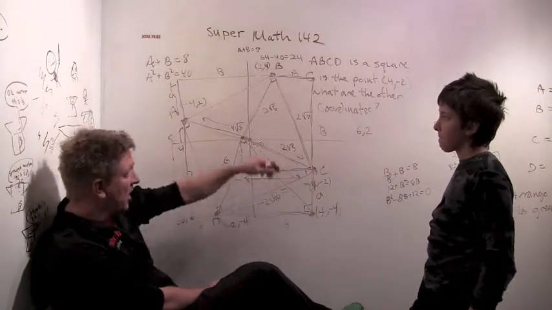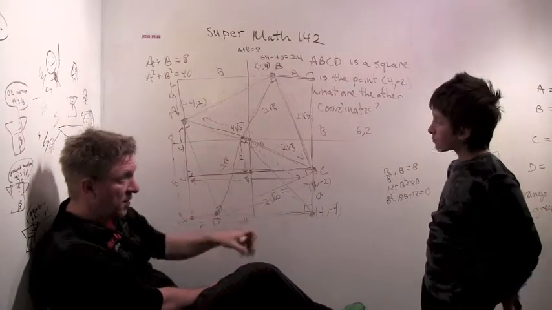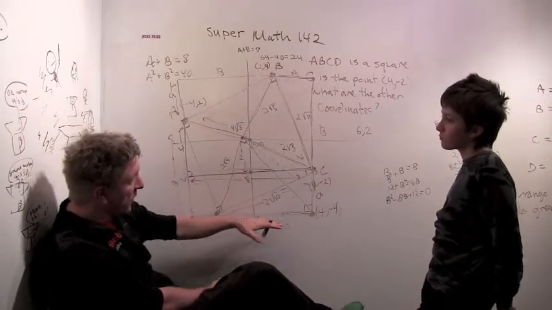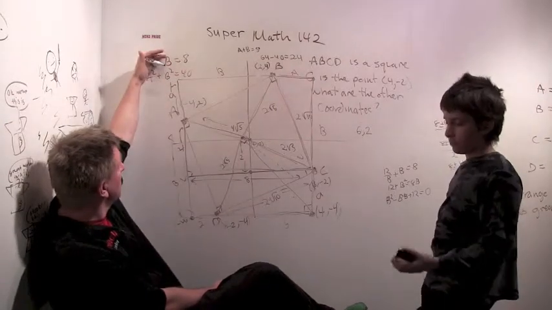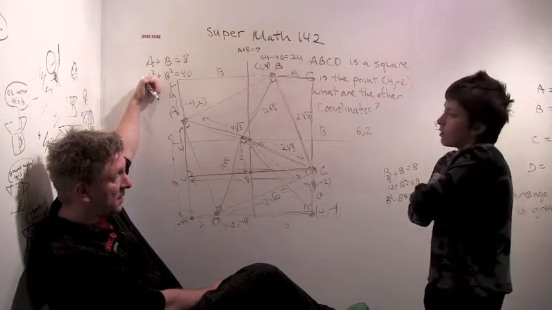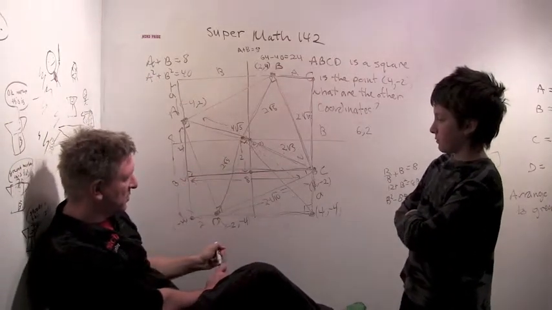Your way with the geometry and then subtracting out this area, finding the areas of these triangles was really good. So I just wanted to point out there was one other equation connecting that. A plus B is 8, A squared plus B squared is 40, and that would have led you down a path of finding some equations too.